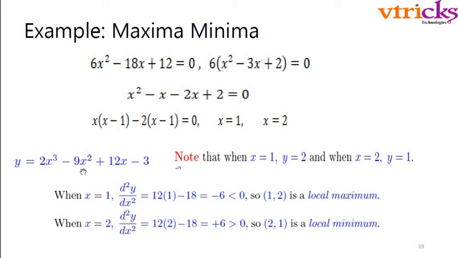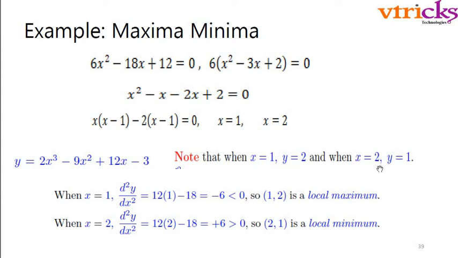So we will get minus 9 minus 3 and plus 12 will get cancelled. We will get y is equal to 2. So x is equal to 1 and y is equal to 2 is one stationary point. Similarly, when we put x equal to 2 here, we can find that y is equal to 1. So now we have two stationary points on the curve. Whatever is this given function f(x), it has two stationary points. x is 1, y is 2 and x is 2, y is 1.